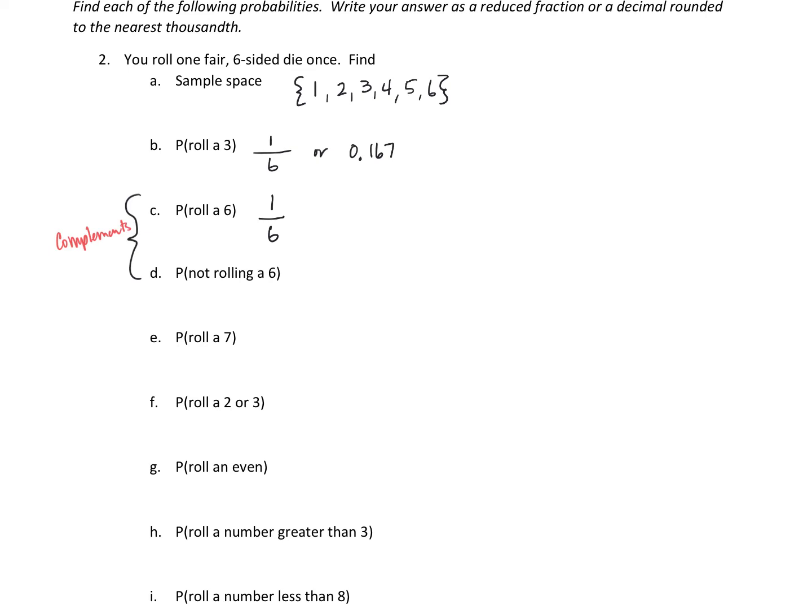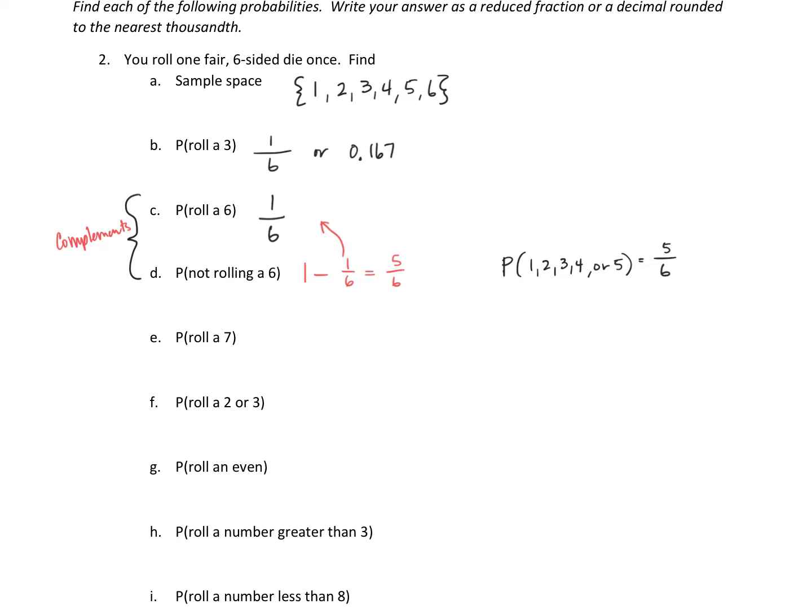So if you use that to your advantage, you know that 1 minus the complement will be your answer here. So 1 minus 1/6 is 5/6. Alternatively, you can just figure out that not rolling a 6 is the same as rolling a 1, 2, 3, 4, or 5. So there are 5 possible outcomes that are good out of the 6 total options. So either way, you would get 5 out of 6.